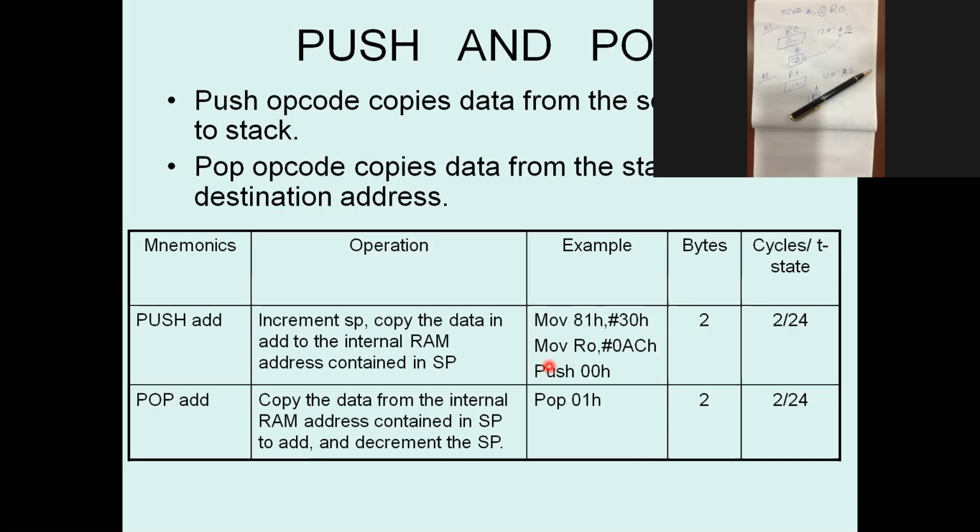In 8086 it decrements by 2, but in 8051 it always increments by 1. That's why it's 07, because it will start storing data at 08, which means bank 1.